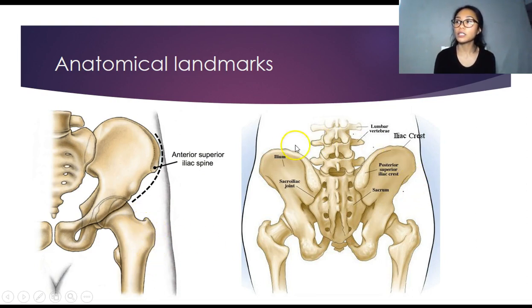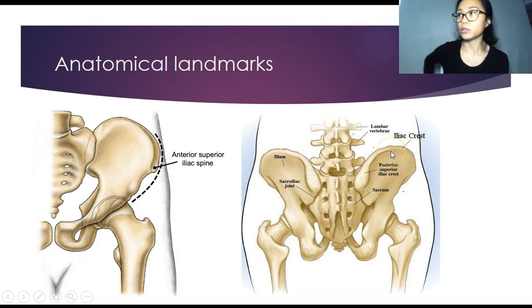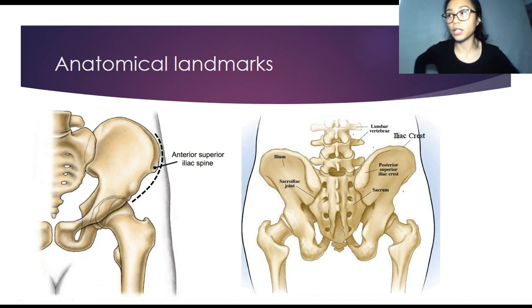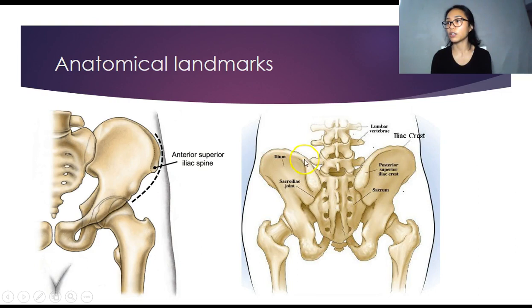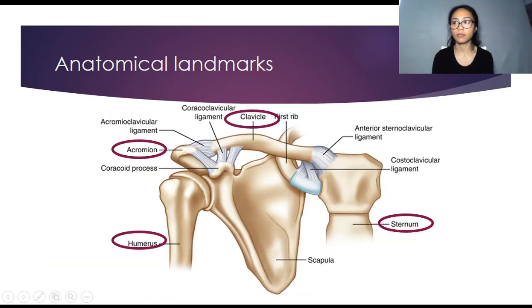If we look at the posterior view, we can feel our iliac crest, and if we palpate towards the back on either side, you'll feel it form into a V shape and go down. And so this is your posterior superior iliac spine. So keep that in mind for your anatomical landmarks.